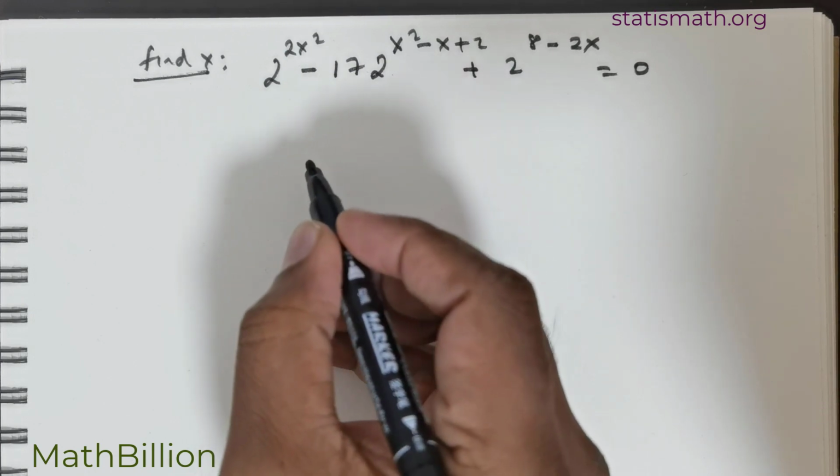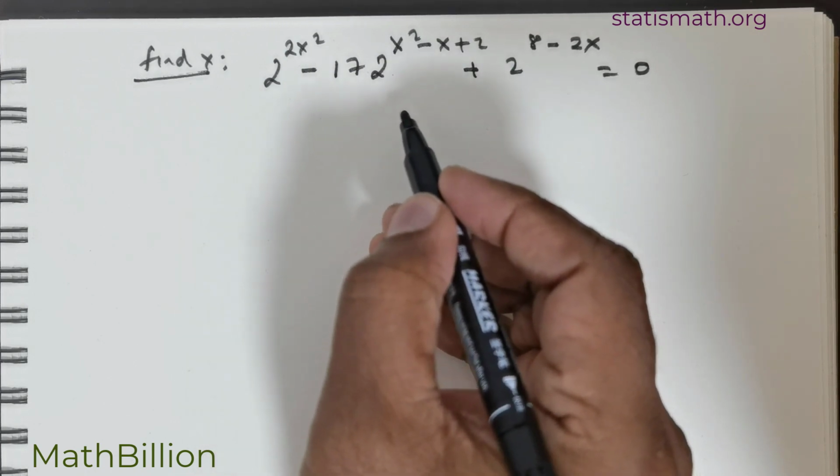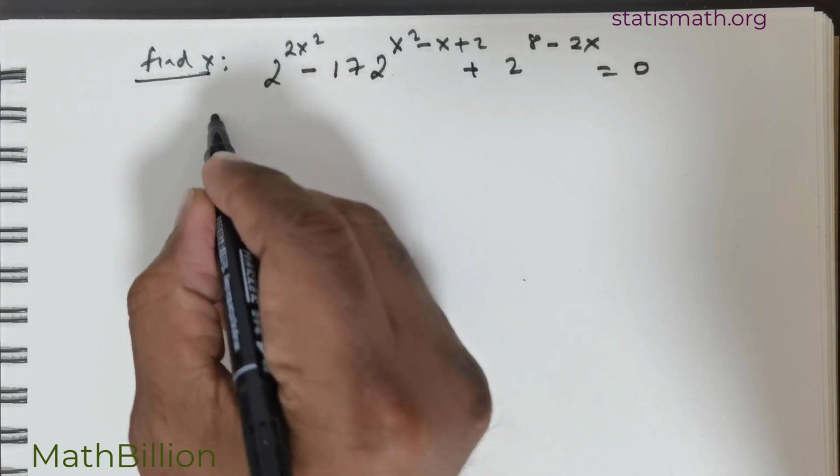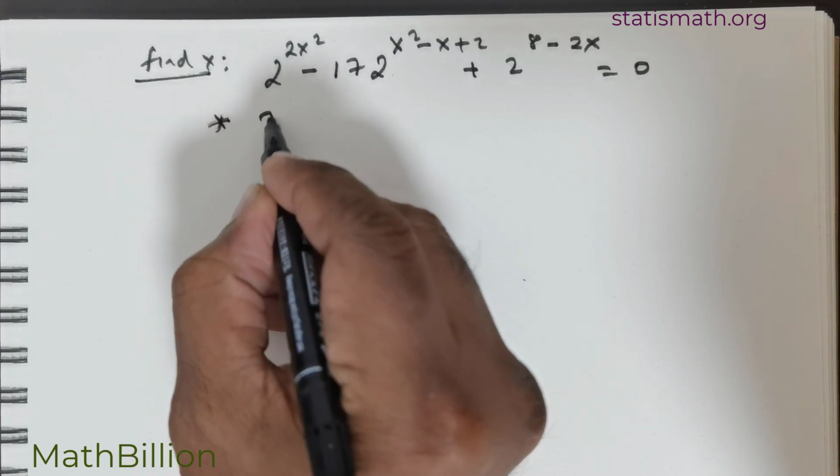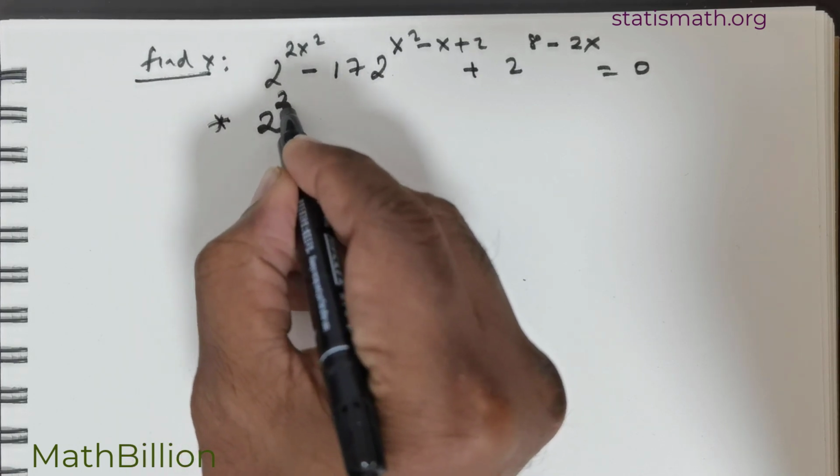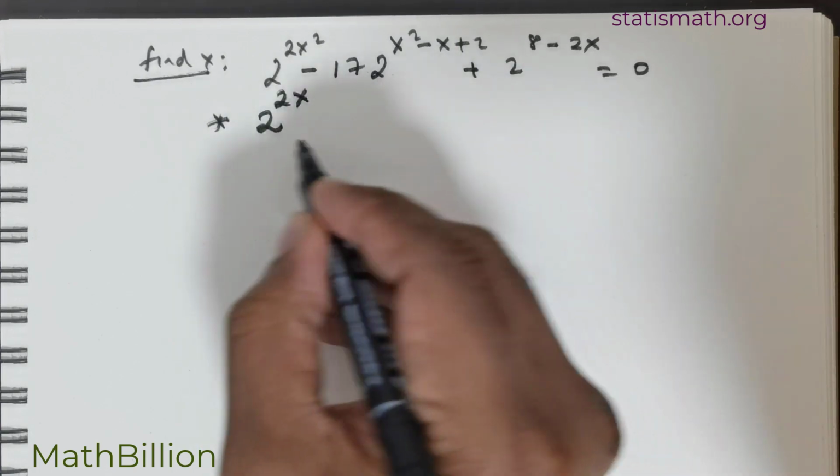That is the objective. Now foremost, what I wish to do is multiply both sides by 2^(2x).